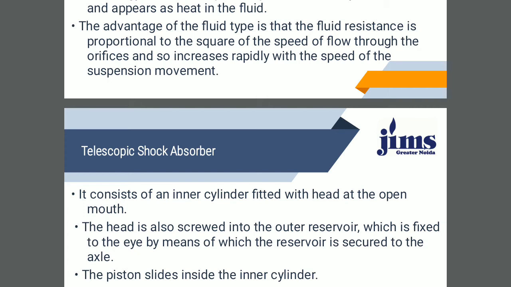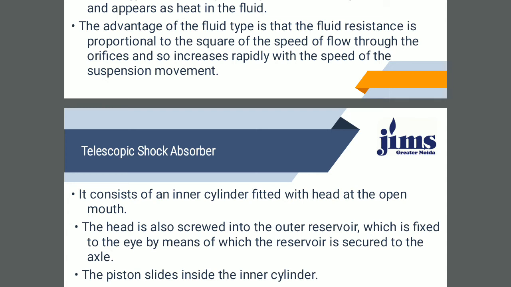In the mechanical shock absorber, the friction action of a metallic disc is utilized to control the spring action, whereas in the hydraulic shock absorber, fluid is used to resist the spring action. These shock absorbers are basically used in automobiles.